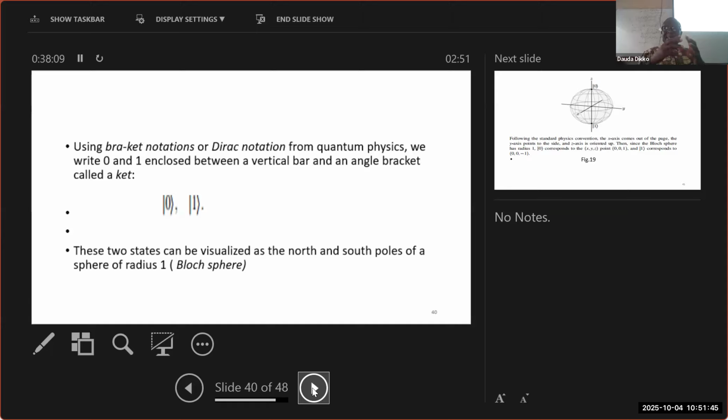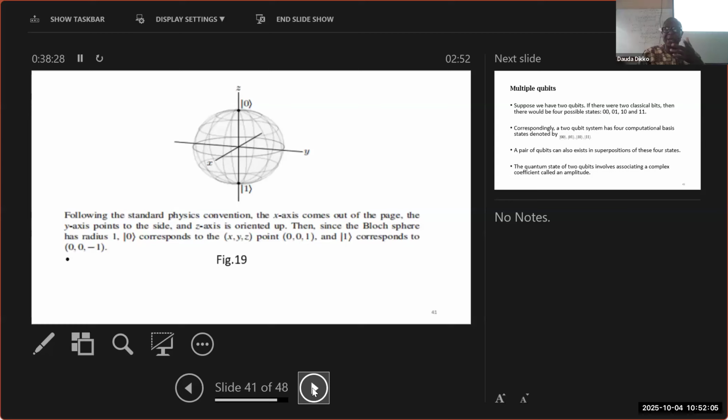This visualization is what is called the Bloch sphere. In the Bloch sphere, you have the two possible states that can be occupied. However, it is possible to have more states being occupied.